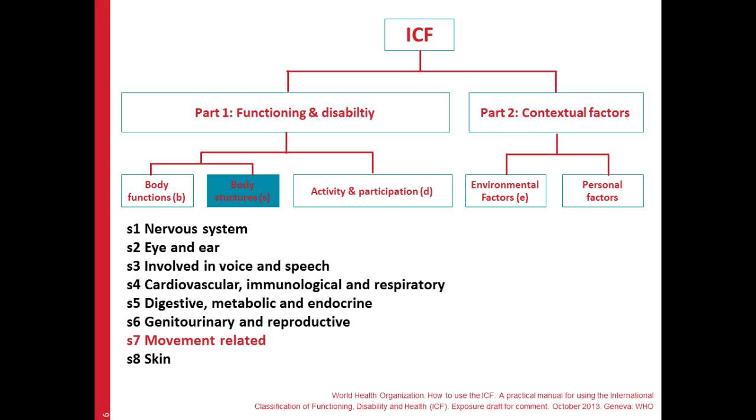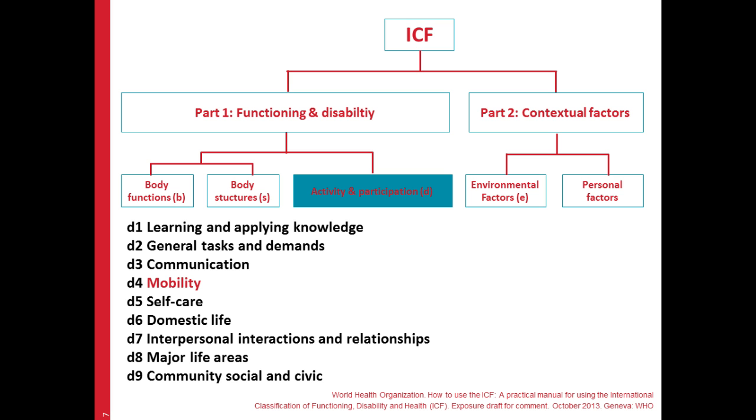The chapters for the structures are very similar to those for the functions. And again, it's chapter 7, which is here called movement-related structures, that we're most likely to find material of interest. The chapters for activity and participation, as you might expect, are quite different. And it's chapter 4 on mobility that is most relevant to us.